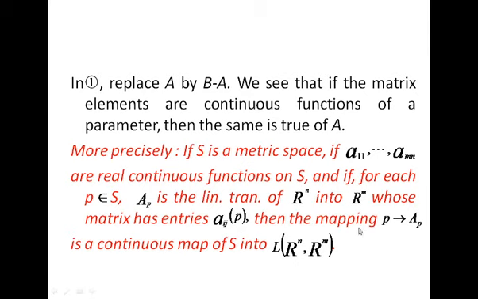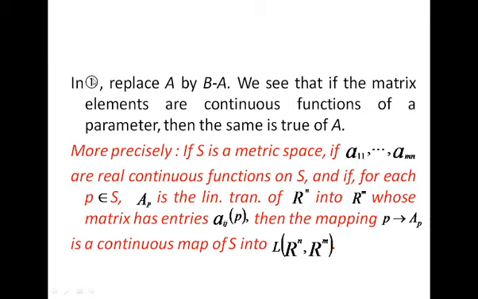Then look at the mapping p going to Ap. From where to where? p is in S, Ap is in L of Rn, Rm. The mapping p going to Ap from S into L of Rn, Rm is a continuous map. Why continuity? It is because of inequality 1.